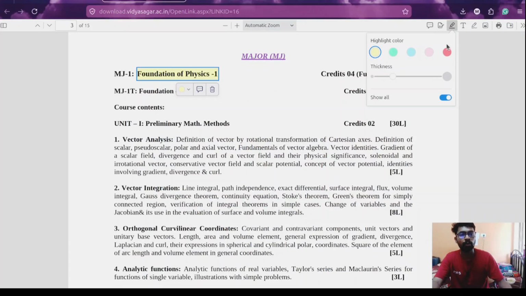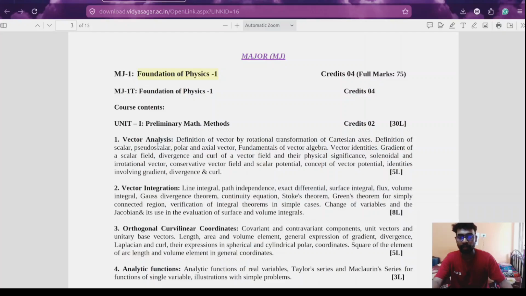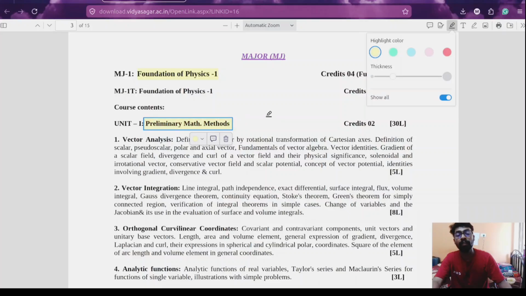In the fundamental physics, the major course takes up the preliminary math and methods. Basically it's called mathematical physics 1. In mathematical physics 1, there is vector analysis, which is very important.